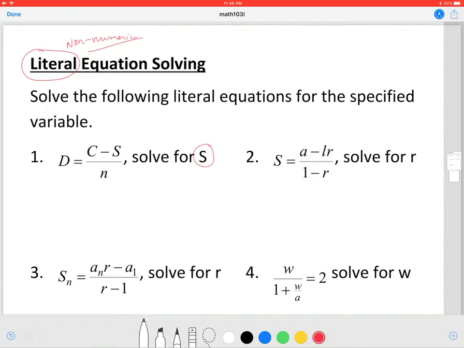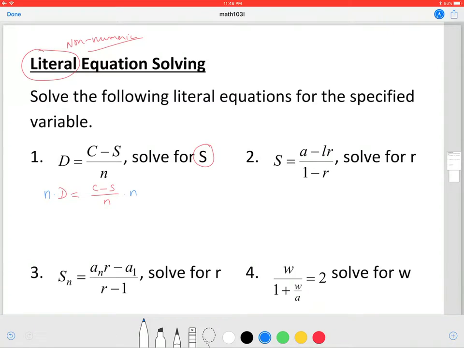Anytime I have a fraction, and in this video all problems have fractions, I want to get rid of the fraction, clear fractions. So number 1, I'm going to multiply both sides by n. Let me rewrite this as d is equal to c minus s over n, and multiply both sides by n.